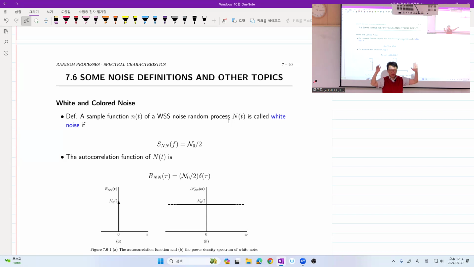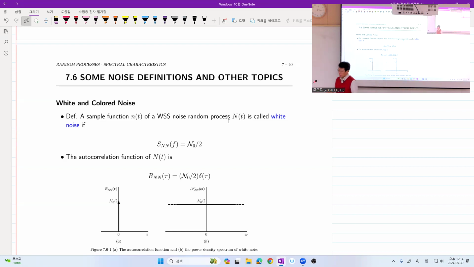But since there is no infinite power signal, the power spectral density of real world noise is flat, and it decays as our frequency goes up. But if our application observes that in a very narrow band, we can just mathematically model the power spectrum as flat.